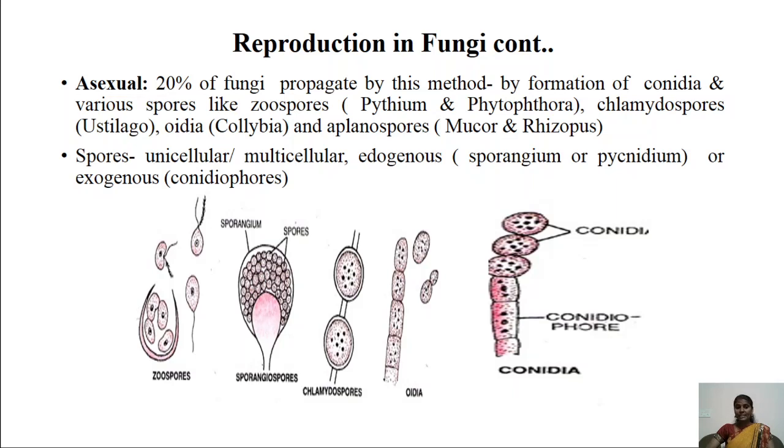These asexual spores are either unicellular or multicellular. They may be endogenous, that means they are produced inside the sporangium or pycnidium, or exogenous. If they are produced towards the outside on special branches called conidiophores, they are exogenous in nature. If they are produced inside a sporangium, they are endogenous in nature.